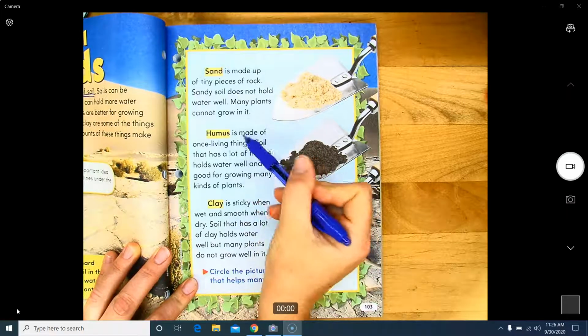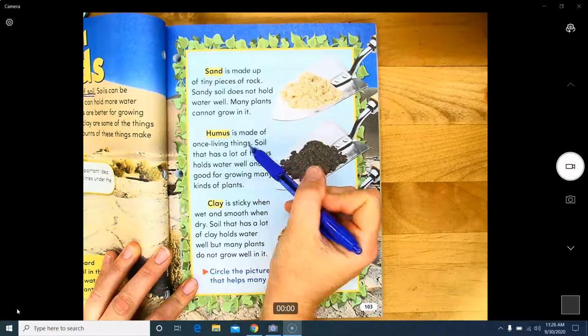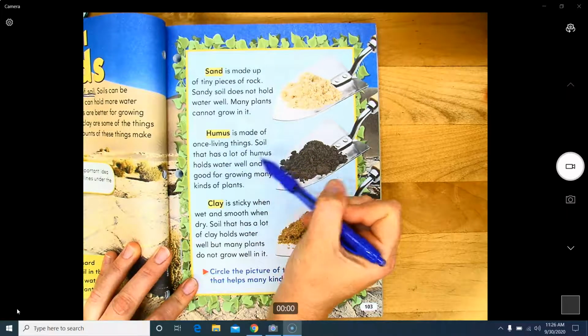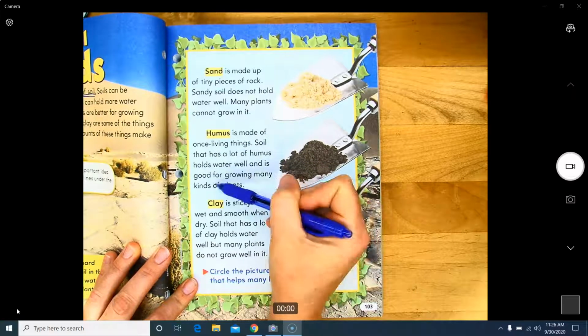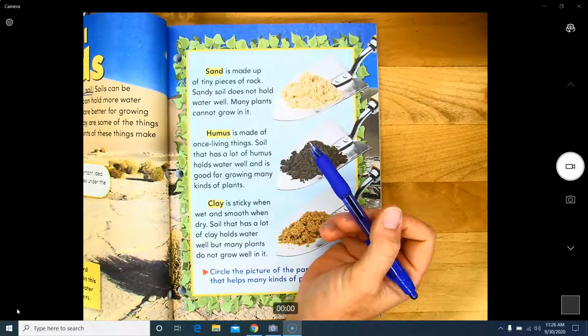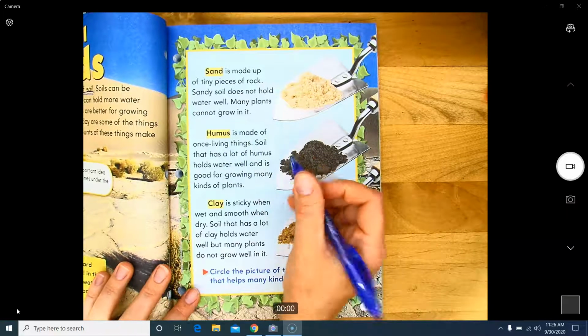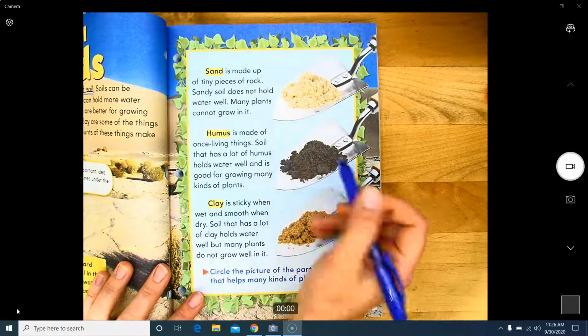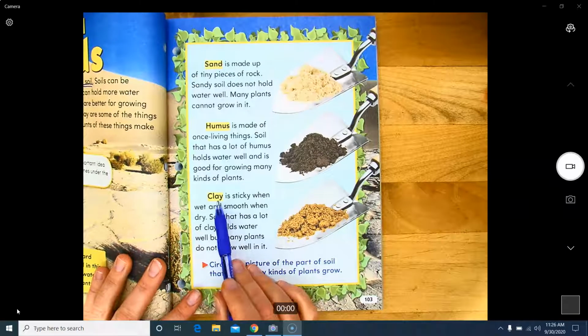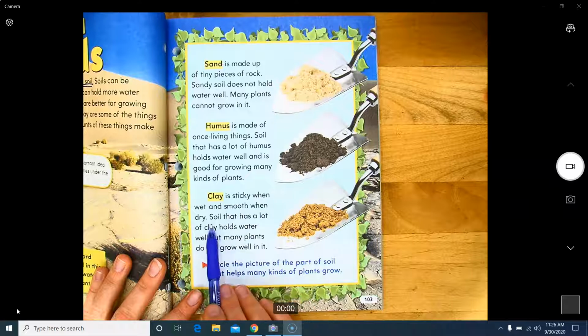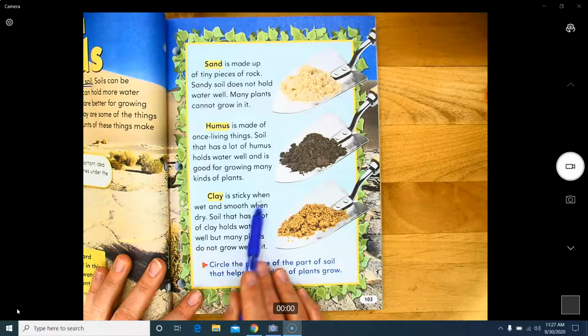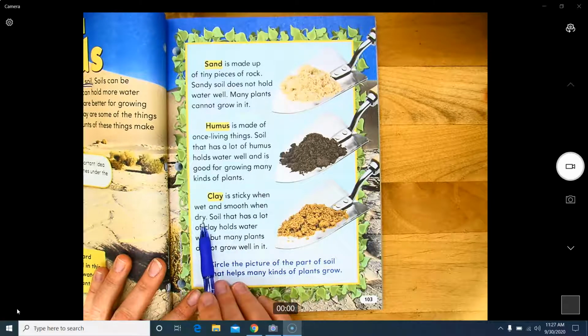Humus. Humus is made of once living things. Soil that has a lot of humus holds water well and is good for growing many kinds of plants. Okay, so this dark soil, the humus, is definitely a really good thing to grow plants in. Clay is sticky when wet and smooth when dry.